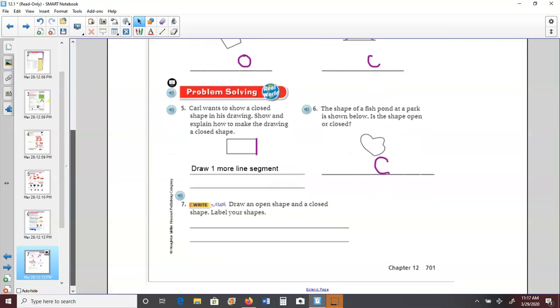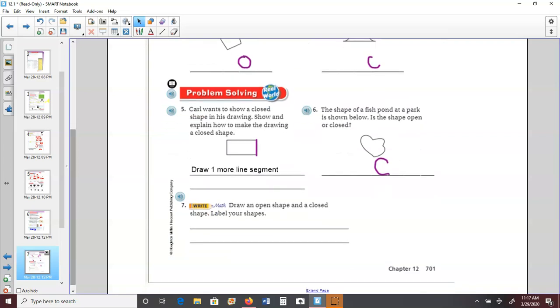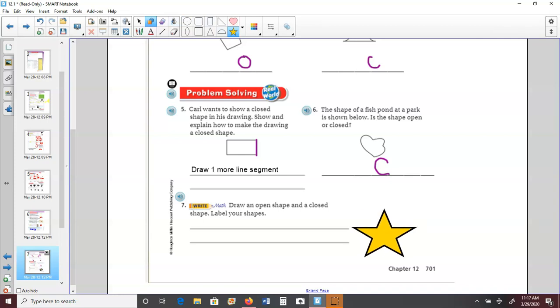All right. Number 7, draw an open shape and a closed shape. Label your shapes. We can certainly do that, boys and girls. I'm going to use my shape button up here. Let's see, I'm trying to just play around with some things here. I can do this shape, a star, and a star would be a closed shape.